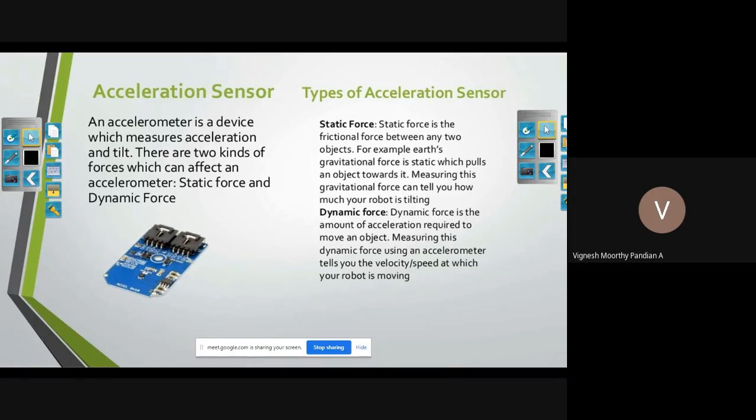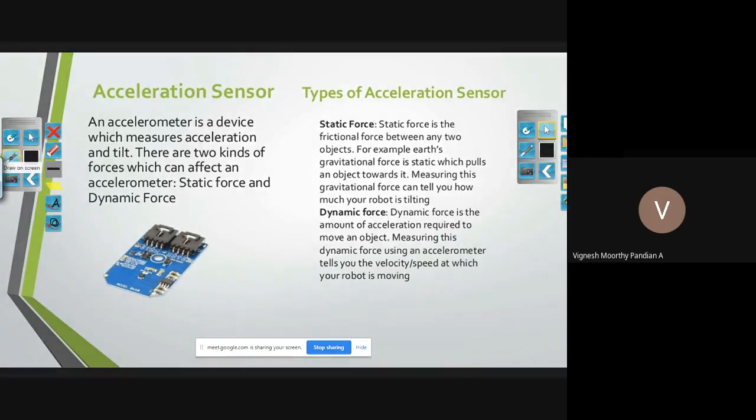Acceleration sensor. Acceleration sensor is a sensor that is used to measure the acceleration or a tilt. This acceleration sensor is divided into two types: one is static force and another one is dynamic force.